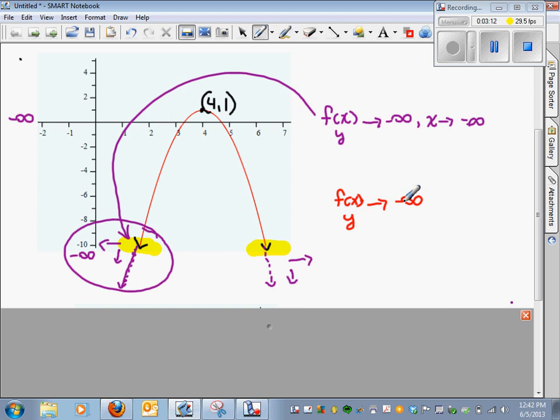Horizontally, if we're looking to the right, going to the right is an x. The x-axis runs left and right. And as we go to the right on the x-axis, we go to positive infinity. So our graph, the f of x or the y, is going down to negative infinity as it goes to the right towards positive infinity in the x direction. This is your right-hand side end behavior.